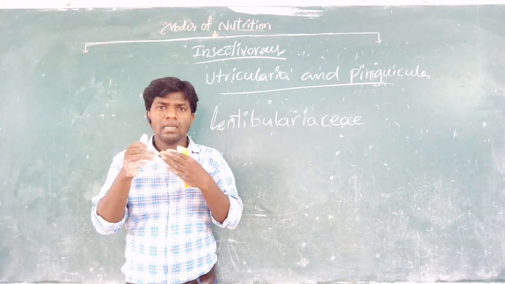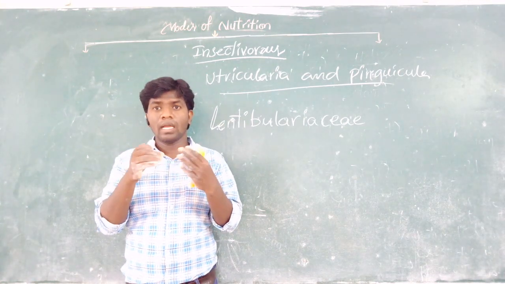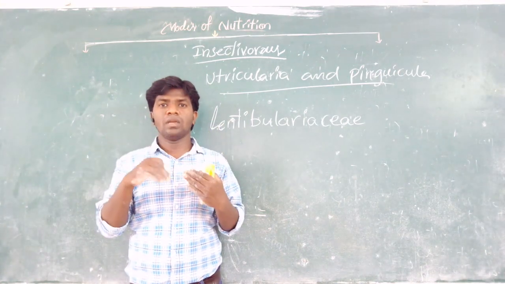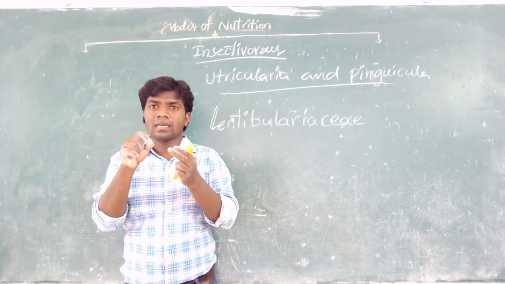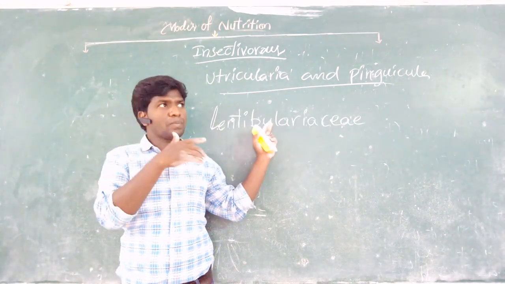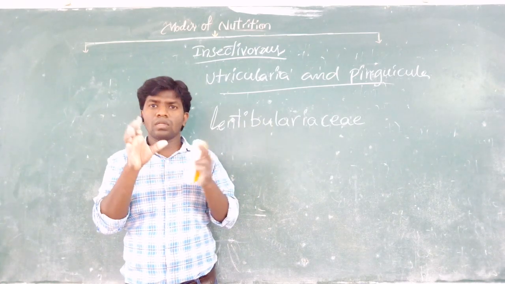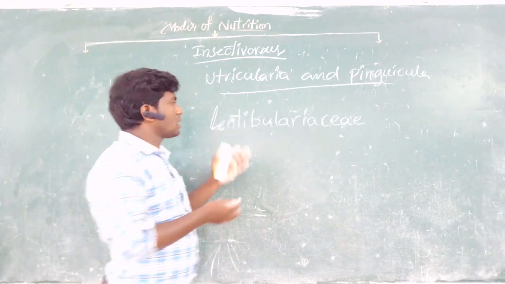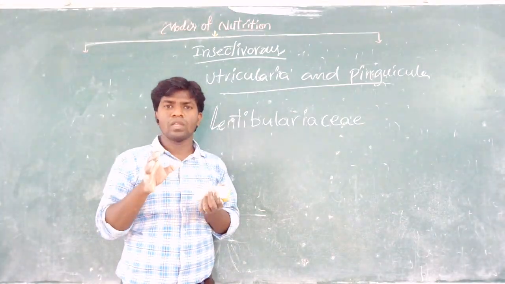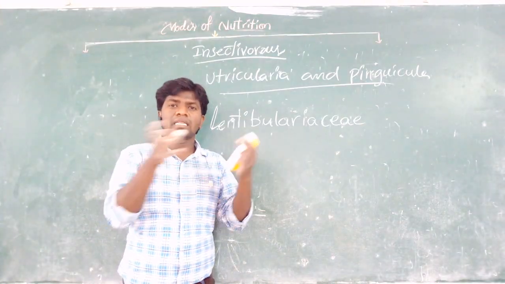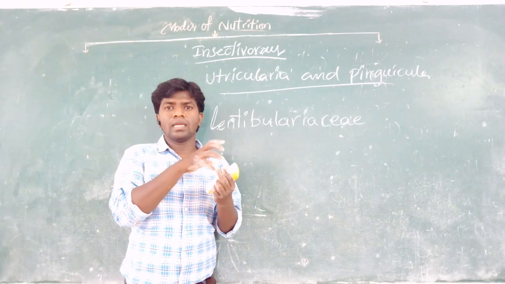Utricularia in its bladder mouth has sensitive bristles or hairs. When an insect contacts these hairs, there is a door on the plant, like a leaf, which automatically opens, and the insect is sucked into the bladder.